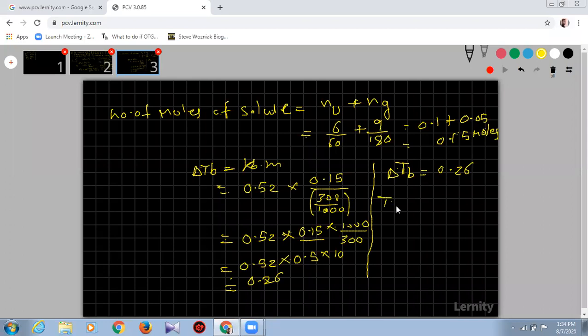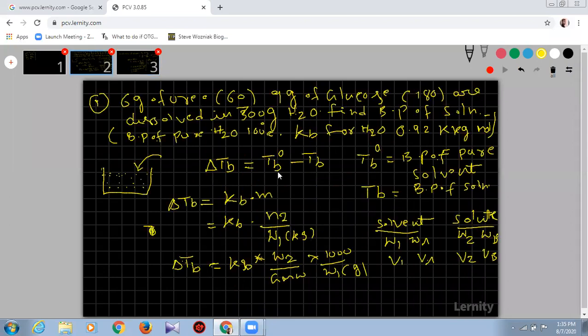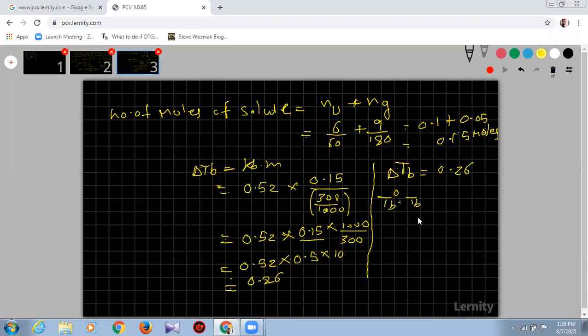Elevation in boiling point is TB minus TB naught, because the boiling point is more for the solution and less for the solvent. So TB minus TB naught is equal to 0.26.